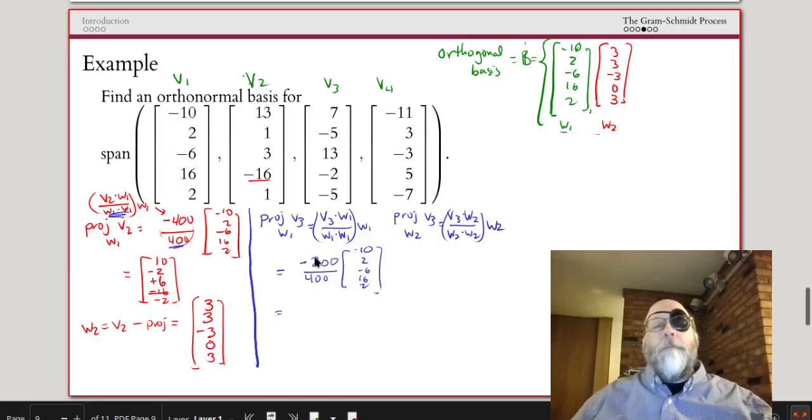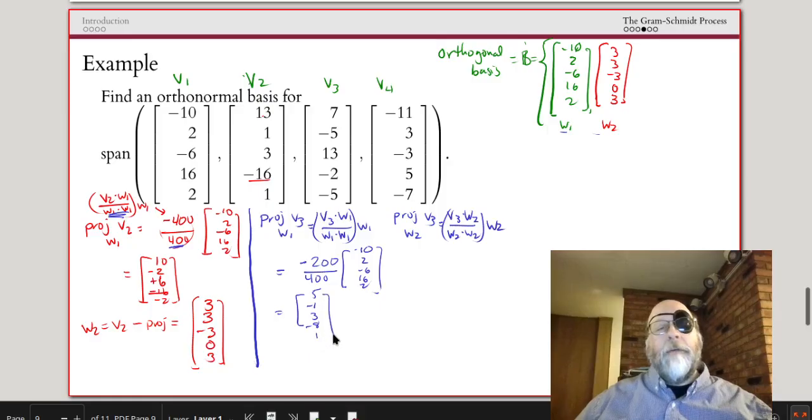So this is just minus a half. Negative a half times negative 10 is 5. Negative a half times 2 is negative 1. Negative a half times negative 6 is 3. Negative 8 and positive 1 again. Negative 1, sorry. All right.